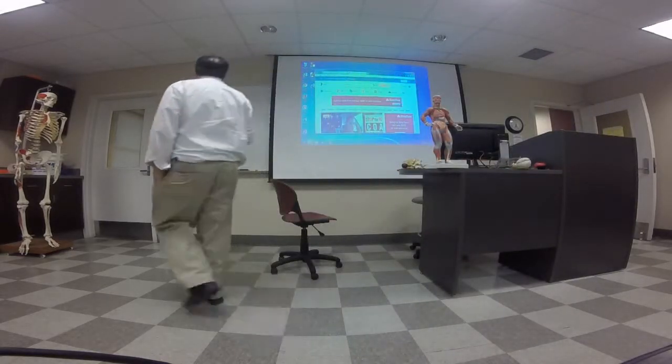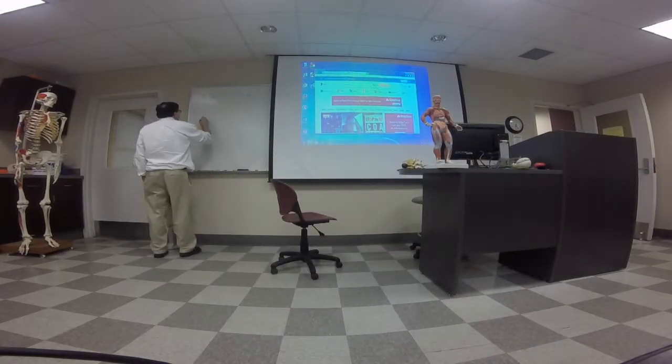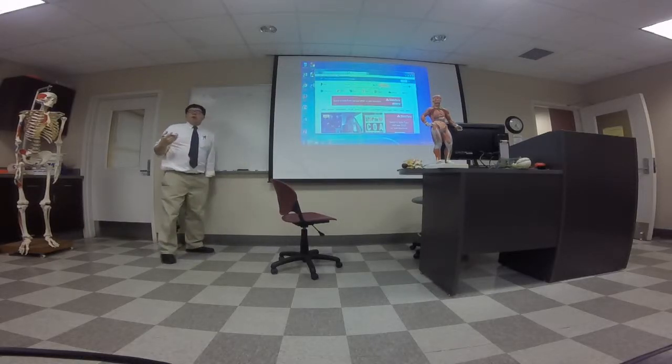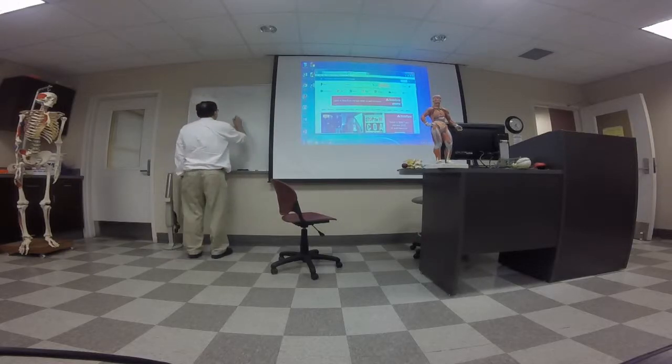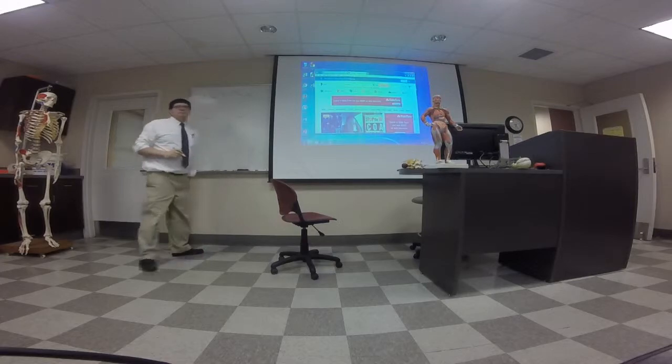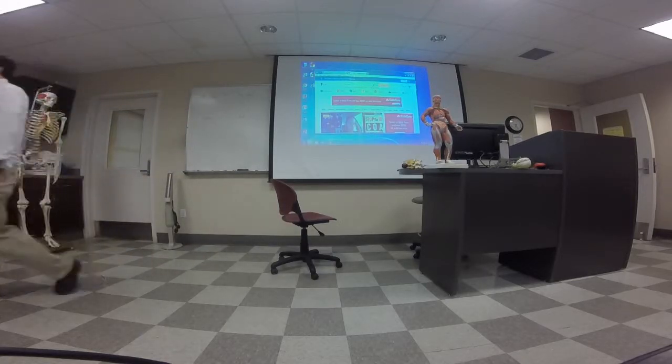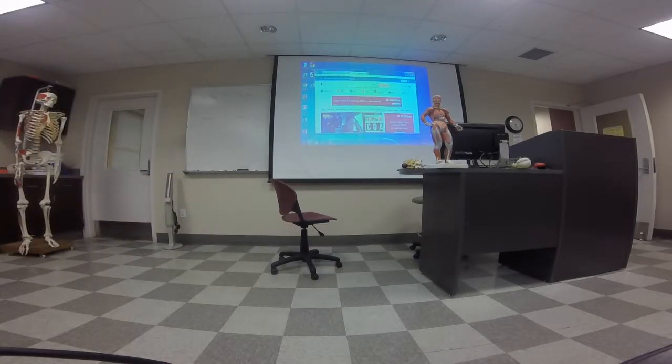Okay. Now, one thing we like to do when we evaluate patients who present with motor weakness is to differentiate upper versus lower motor neuron lesions. And they present differently. Both can cause motor weakness.